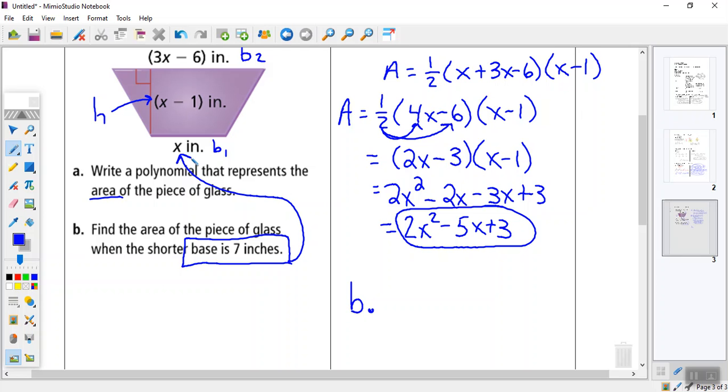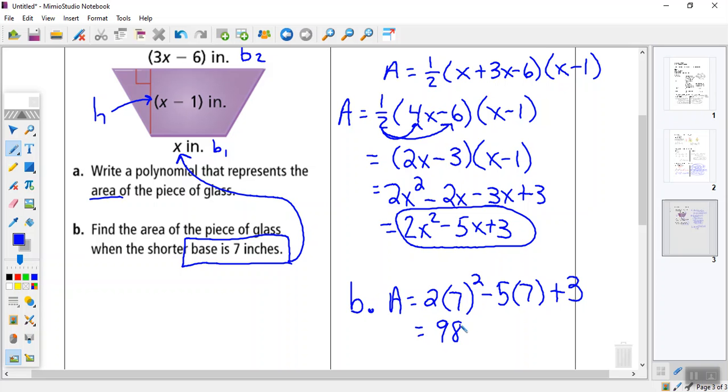7, right? So my area in part B, when the shorter base is 7, is going to equal 2 times, we have the formula for the area right up here now, don't we? 2 times 7 squared minus 5 times 7 plus 3. All right, you guys help me. What is 7 squared there? 49 times that 2. What is that? 98. How about the 5 and 7?